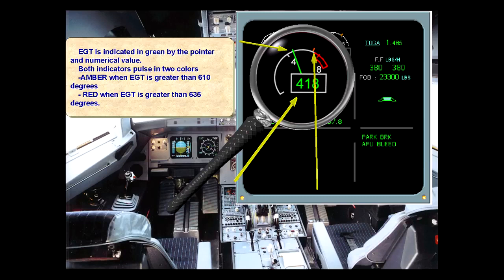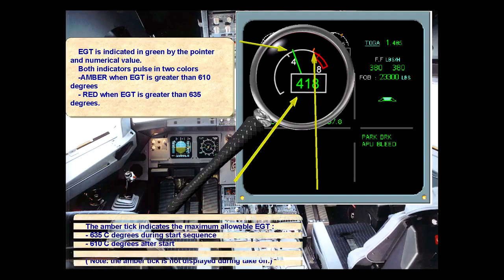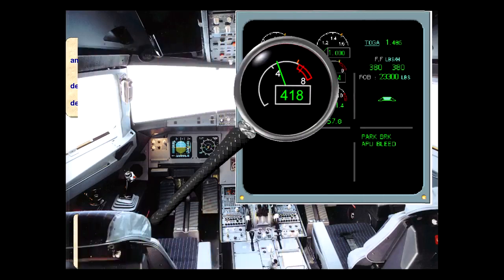Note, the amber tick is not displayed during takeoff. The beginning of the red area is over temp EGT. When 635 degrees Celsius is exceeded, a red line appears at the maximum reached value.